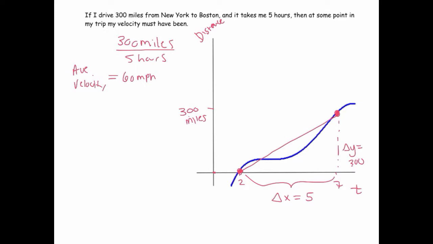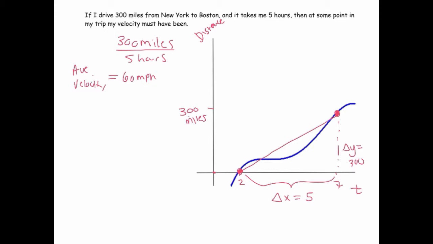Your distance from home is a continuous function of time, and your distance graph is also going to be differentiable. If those two things are true, then we can say for sure that at some point in your trip, you were going exactly 60 miles per hour at an instant. There was at least one instant during your trip where you had to have gone 60 miles per hour.